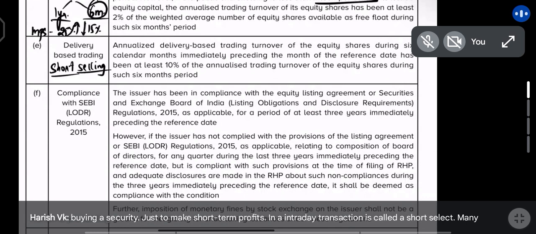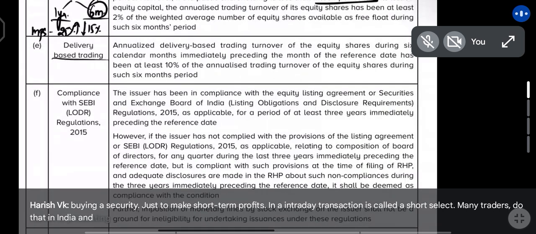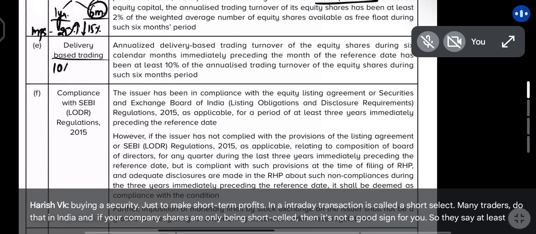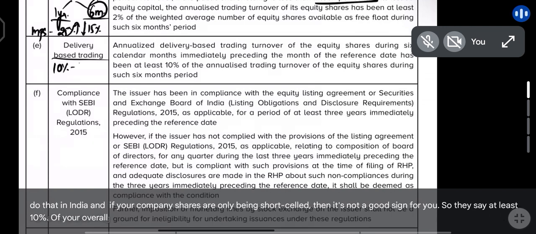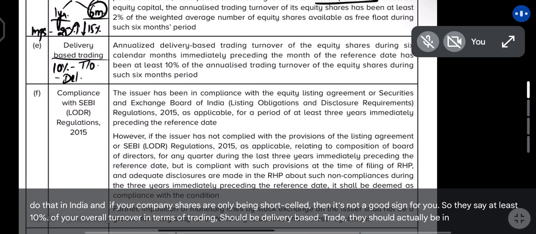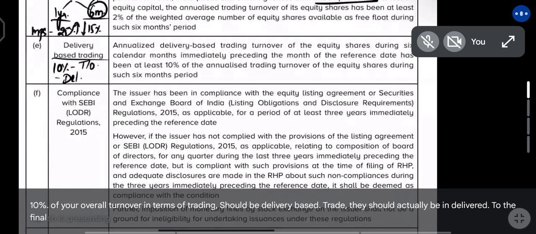Many traders do that in India, and if your company's shares are only being short sold, then it's not a good sign for you. So they say at least 10% of your overall turnover in terms of trading should be delivery based trading. They should actually be delivered to the final investor.